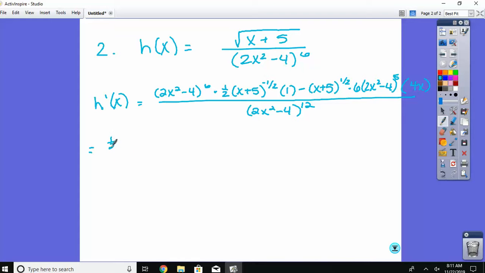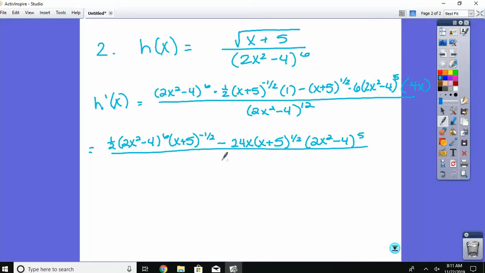Simplify. Multiply my 6 and my 4x. Okay.